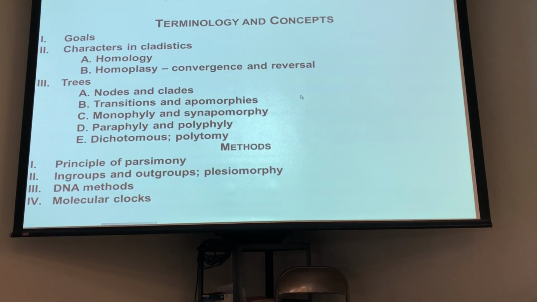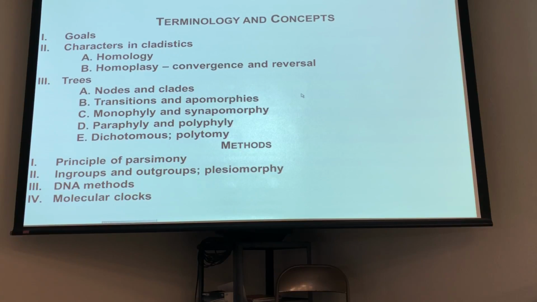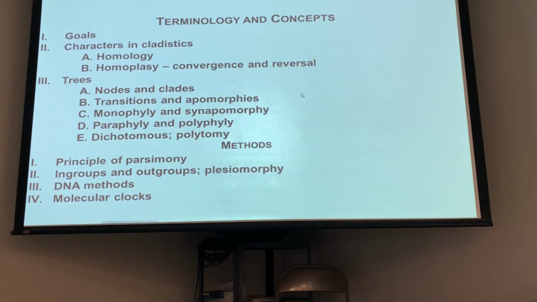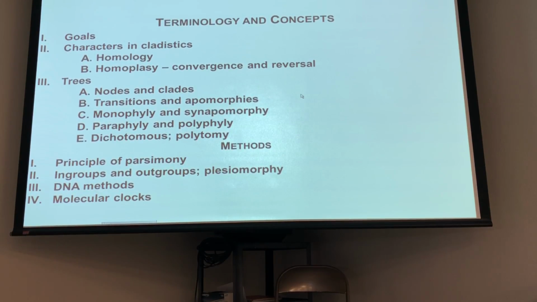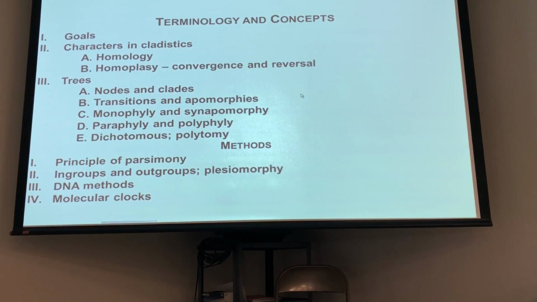That's a reversal. That's also considered a homoplasy. And traits undergoing that are also ones that one would prefer not to use, or in those cases might not even be recognized sometimes. So these are the sorts of things we would prefer to avoid. Now, of course, recognizing whether something is a homology or homoplasy is a whole different story, but at least in principle, we want to use homologies.